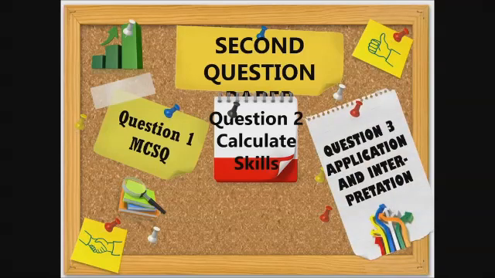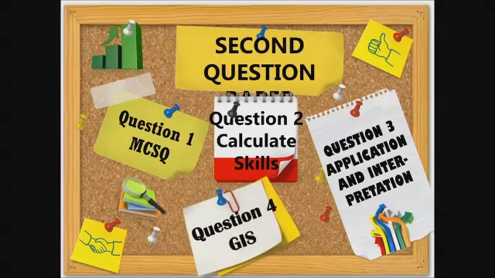Question 3 is application and interpretation of your content of the syllabus that will be applied on the maps. And fourthly, GIS. So these will be the 4 questions that will appear in your examination within the next few months actually.